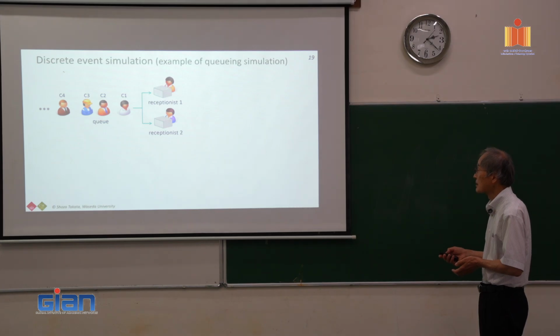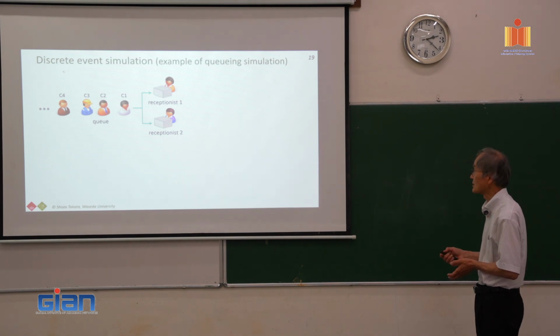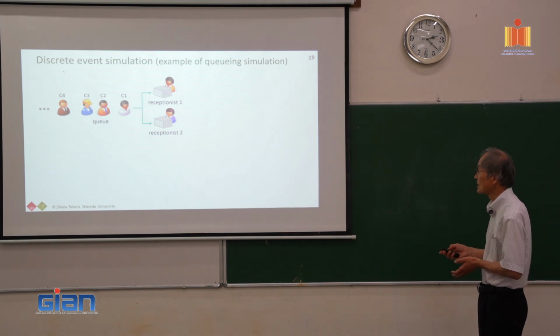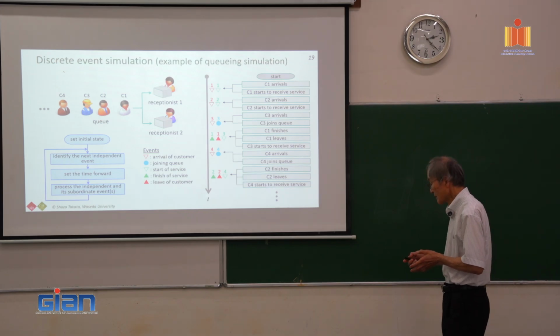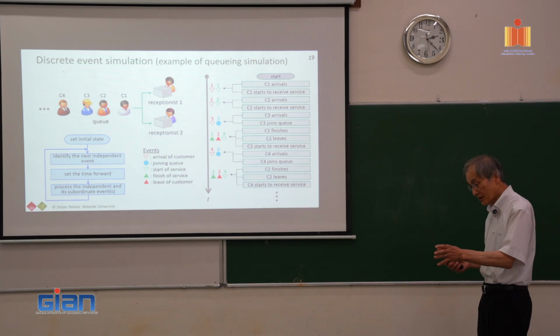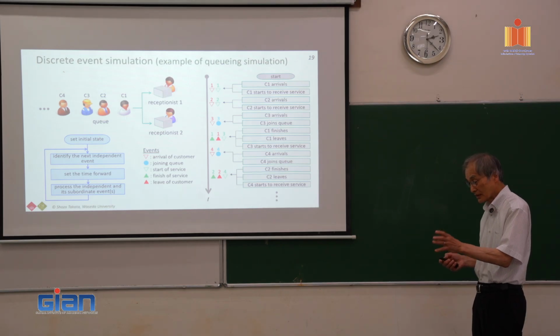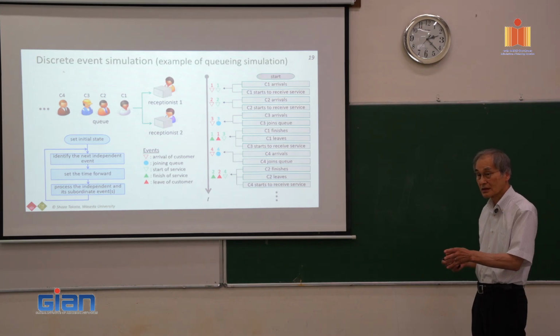And the typical example of discrete event simulation is a queuing simulation. In the simulation, you identify the event, and the event changes the system status.